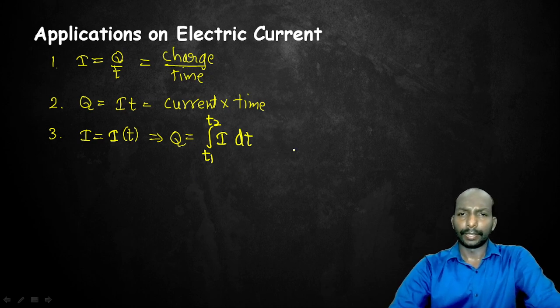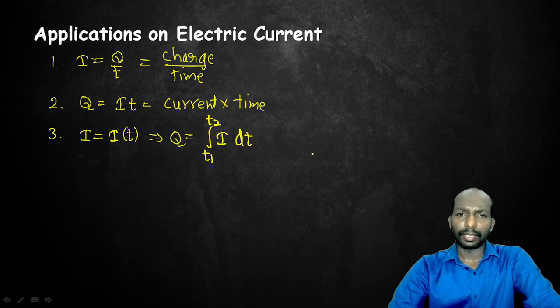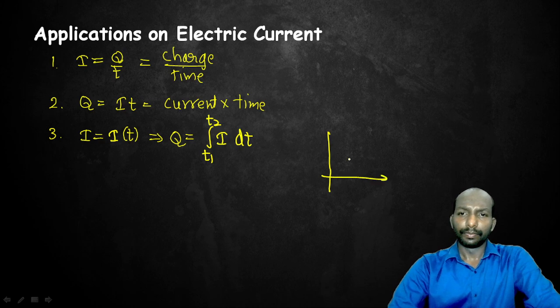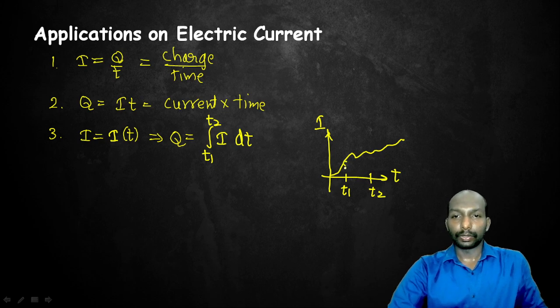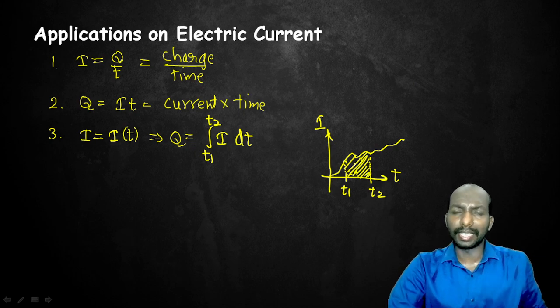And suppose you have a current and time graph like this. Now he's asking to find how much charge is crossed between the interval t1 to t2. So simply we can integrate.